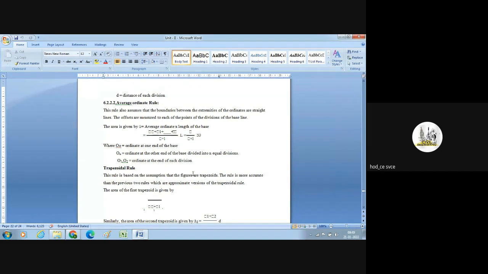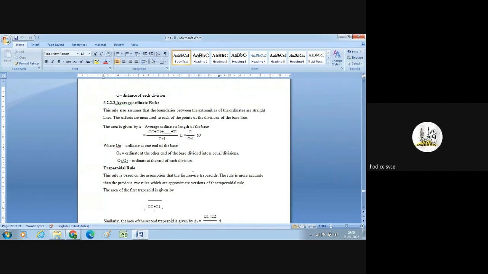So in case of delta 1, what is the formula for the first division? That is O naught plus O1 by 2 into d. What is delta 2? O1 plus O2 by 2 into d. That means what will happen is the O1, right?